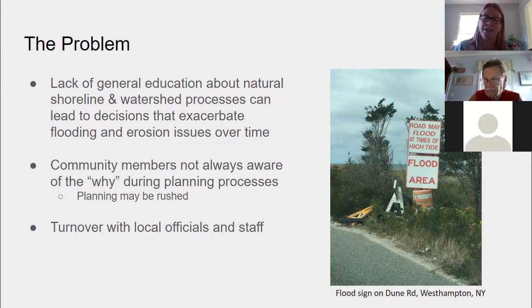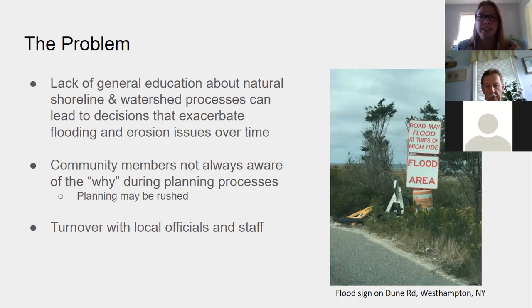Going back to the issues we identified, community members feel that they are not always aware of the why during the planning process. Sometimes planning is rushed, done on a quick timescale to accommodate grants or funding availability, and so this might lead to decisions that aren't as well thought out.